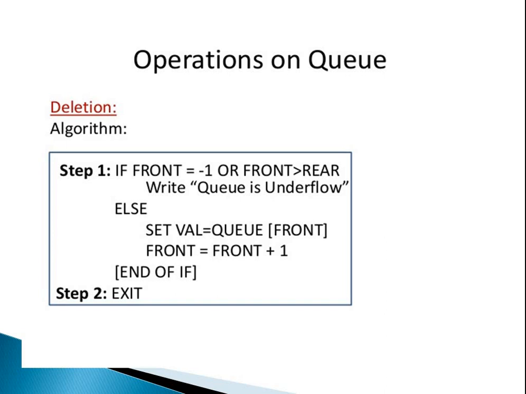Otherwise we'll always increase the position of the front by +1 for deleting the element from the queue, and then we'll exit. You can see step number 1 here: front equal to -1 or front is greater than rear, the condition is underflow, else we will set the position at the queue for the front, and then we'll increase the position of the front by +1, and then we'll exit from the queue.